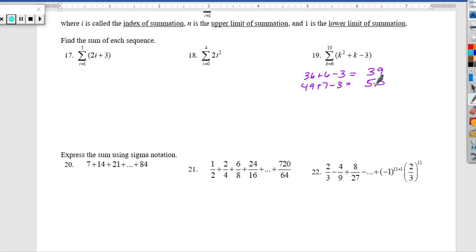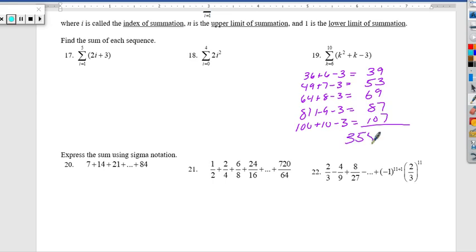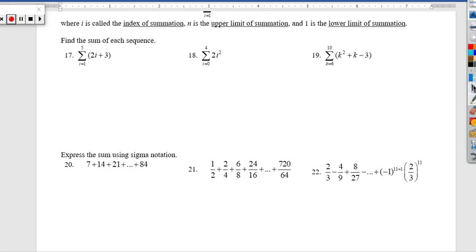If we let k equal 8, we get 64 plus 8 minus 3 for a total of 69. Letting k equal 9, 81 plus 9 minus 3 is a total of 87. Letting k equal 10, we get 100 plus 10 minus 3. And when you sum all these guys up, we wind up at 355.